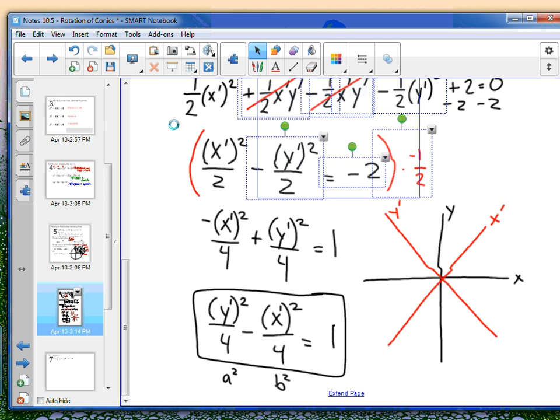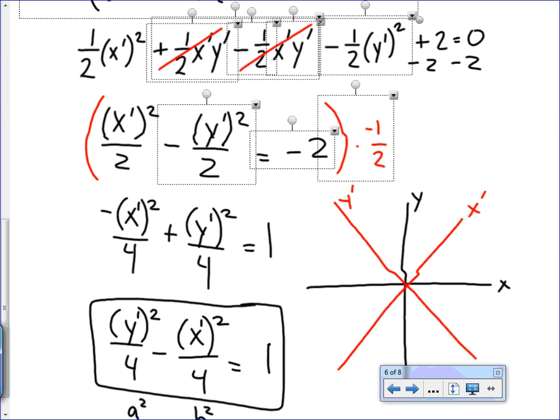So like we said, the center point was at 0, 0. And the a value was 2, and it's paired with y. So on that y prime axis, you'll count up 2 and down 2. I'll just graph on the slanted one.